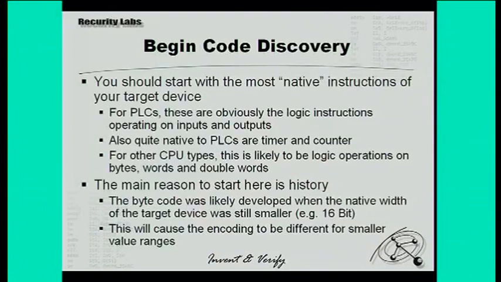Well, and then you start with the most native instructions. So for a regular CPU, that would be byte operations, AND byte and another byte, or loading into all registers that you could find, and all that type of stuff. For the PLC, the most native instructions are the logic operations on inputs and outputs, also the timer and counter operations. The reason to start with the most native thing that the CPU does is because the instruction sets are very likely to be historically grown.